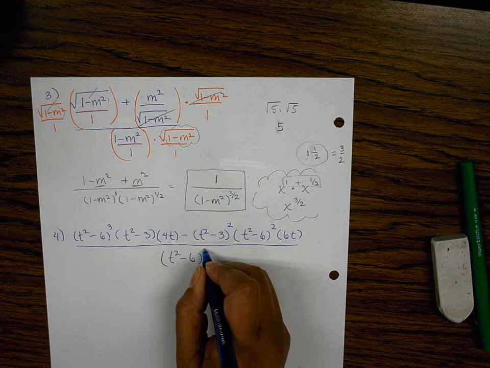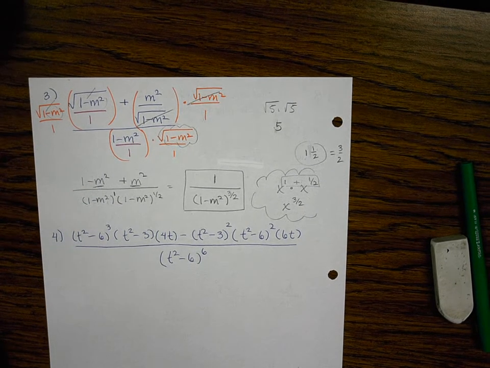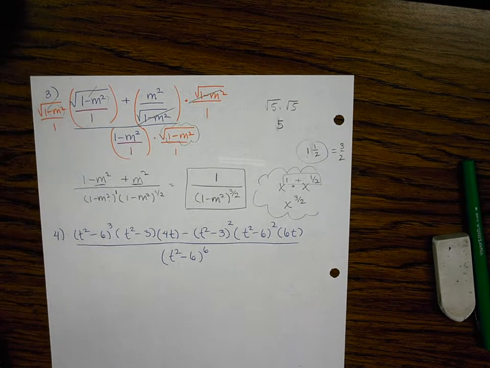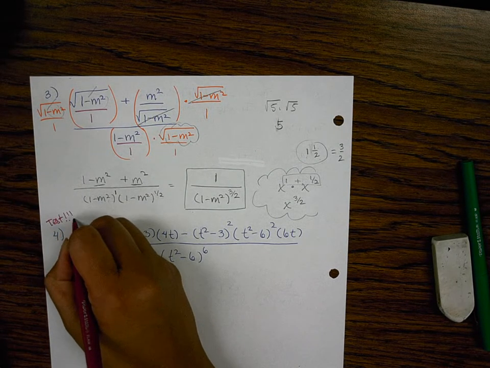All over, I know, t squared minus 6, parentheses to the 6th power. Whew. It's exhausting just writing that down.